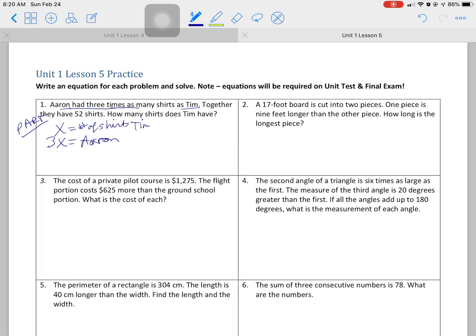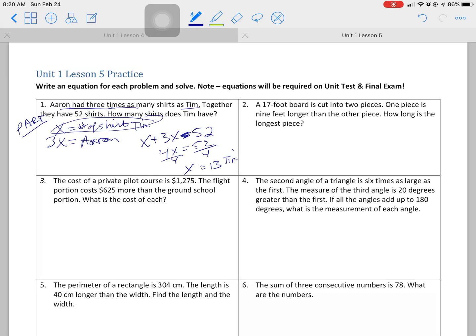Okay, and together they have 52 shirts. Okay, so 4x equals 52. X equals 13 shirts. So let's see, is that Tim or Aaron? X was Tim. So Tim has 13 shirts.